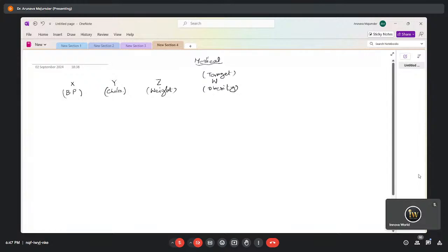Okay, so based on this data set, these are the different parameters. Our target variable is W, the outcome variable, and this W variable is dependent on X, Y, and Z. So the outcome variable is dependent.